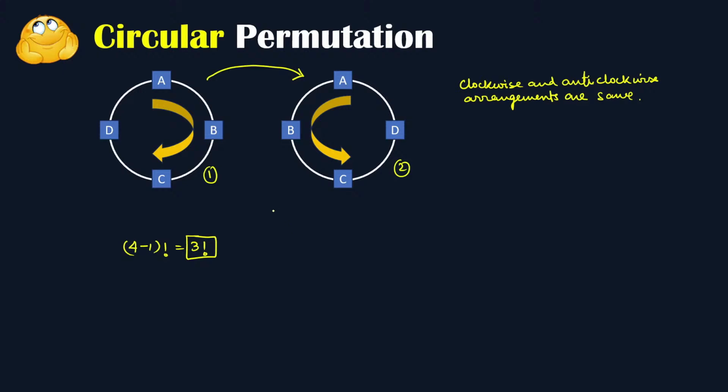What will be your answer? Your answer will be, sir, factorial 3 divided by 2. Why is it so? Because for every clockwise arrangement, there is always an anti-clockwise arrangement which is the same. Therefore, the total number of distinct arrangements is factorial 3 divided by 2.